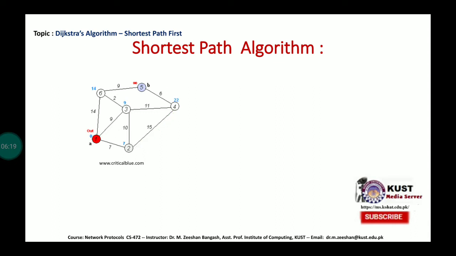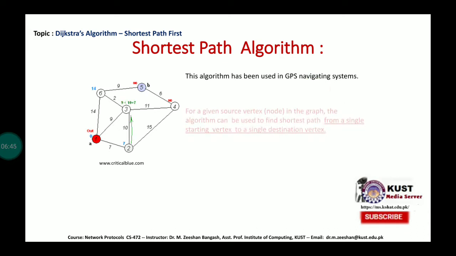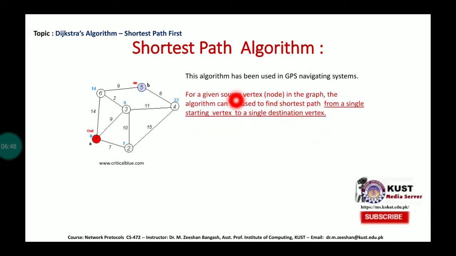So if we start from any node or from any city, while executing this shortest path algorithm, a minimal and shortest path is selected and calculated from the source to the destination. Now, as I have already talked about, this algorithm is widely used in the GPS navigating systems, and for a given source vertex in the graph, the algorithm is basically used to find the shortest path from one vertex to the destination vertex.